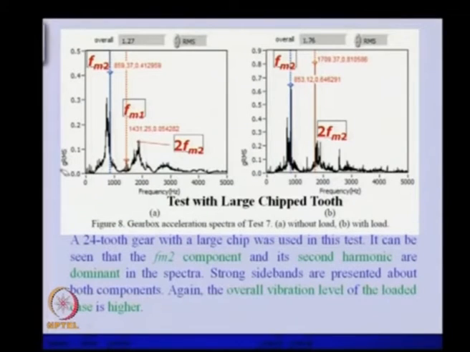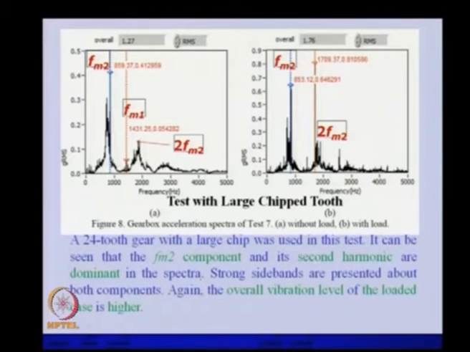Now, this particular signal is with the large chipped tooth. The previous signal was for the small chipped tooth. Here you can see that the 24 tooth gear with a larger chip was used in this test. It can be seen that the FM2 component and its second harmonic are dominant in the spectra.